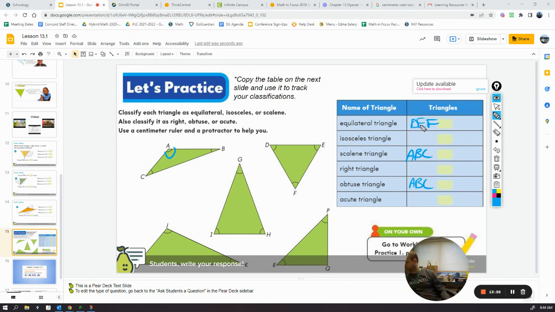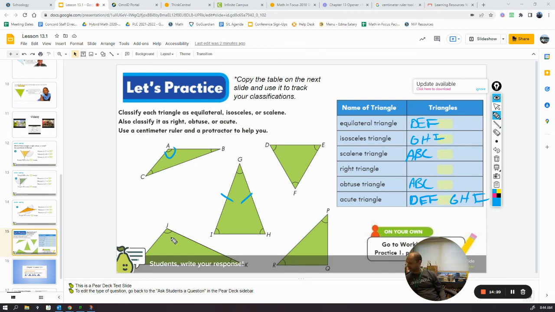The book doesn't want you saying isosceles, even though it is. And it's also going to be an acute triangle because all angles are less than 90 degrees. GHI is going to be an isosceles. That's equal. So GHI is also going to be in the acute category.